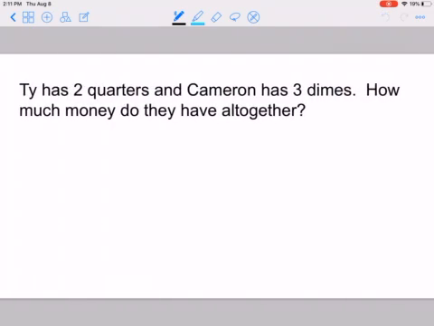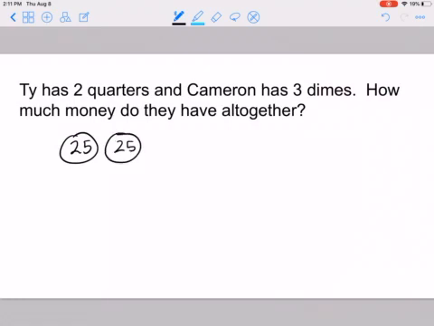So just so you all know, that's how much is represented when we write it like that. So let's get started. This says Ty has 2 quarters and Cameron has 3 dimes. How much money do they have all together? Well, we're going to put the two amounts together. Ty has 2 quarters.